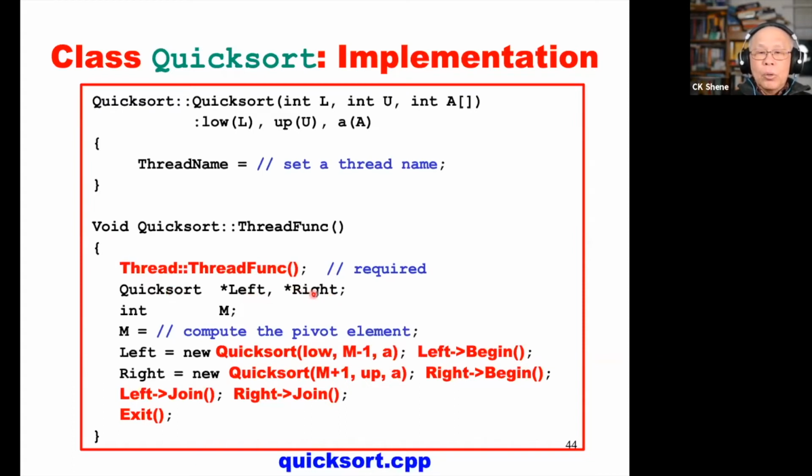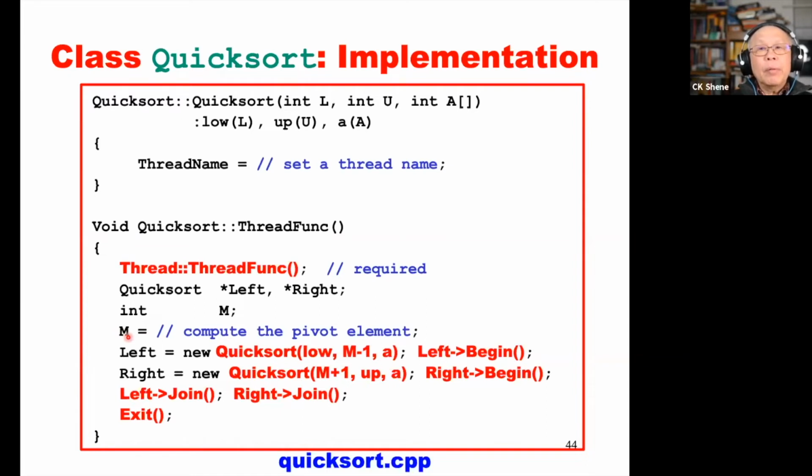Right is also a pointer to a Quicksort class. Then we declare M to put the position of the pivot element. Then we call the partition function to find the position of the pivot element and put it into M.